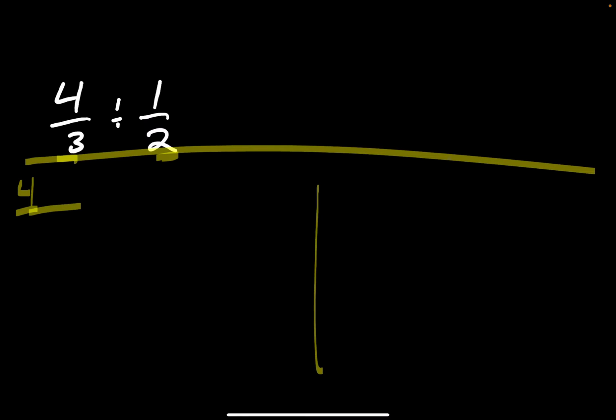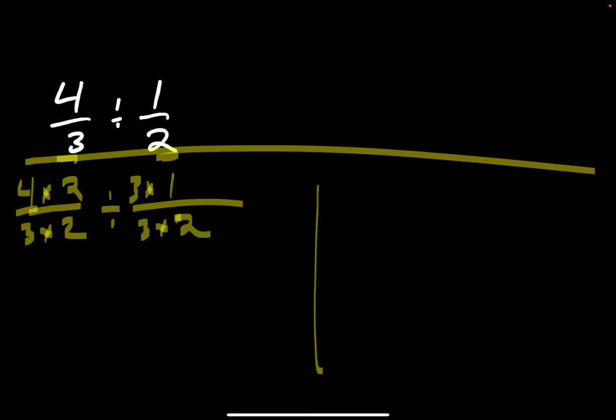I am going to multiply by 2 here. I am going to multiply by 2 here. I'm going to divide, and over here I'm going to multiply by 3, and I'm going to multiply by 3. Okay, and then I have like denominators, so I have 4 times 2 is 8, divided by 3.